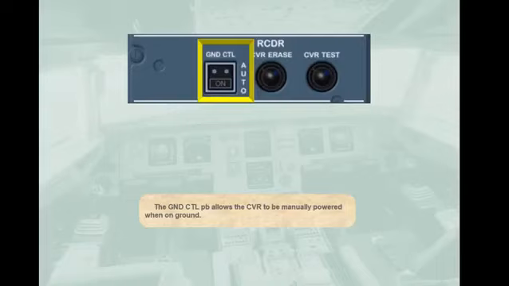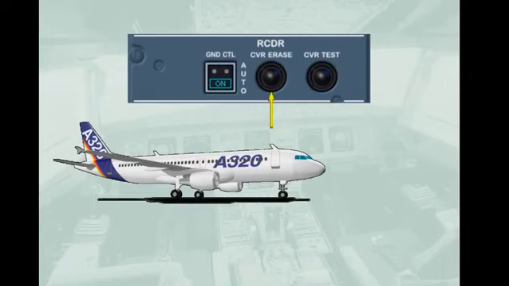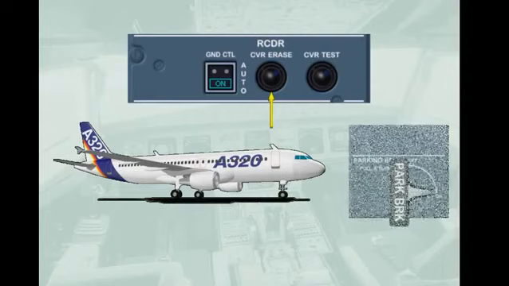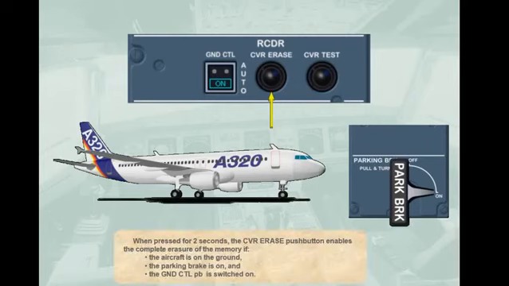When pressed for 2 seconds, the CVR ERASE push button enables the complete erasure of the memory if the aircraft is on the ground, the parking brake is on, and the GROUND CONTROL push button is switched on.